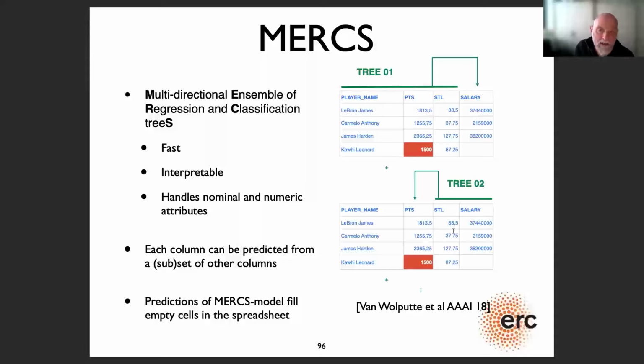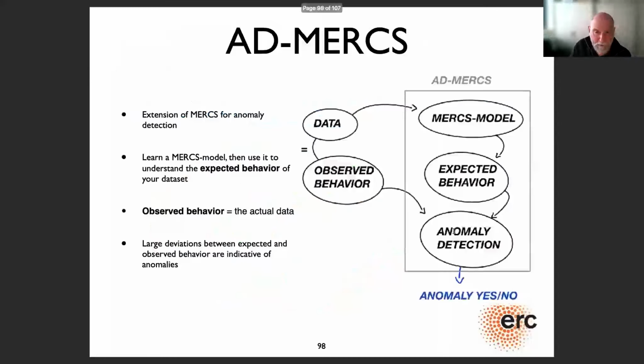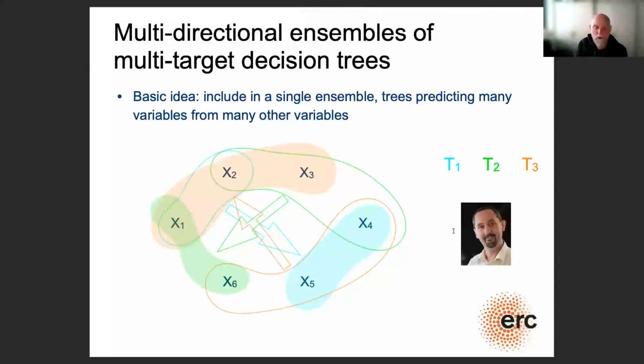And it's multi-directional in the sense that some trees will, for instance, predict the last attribute, whereas others will predict the first attribute, and they're actually going even further. So that's work from my colleague Henrik Blockeel, and here this was a slideshow, but apparently, with the transformation to PDF, that has been lost.